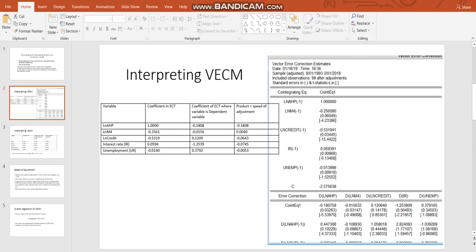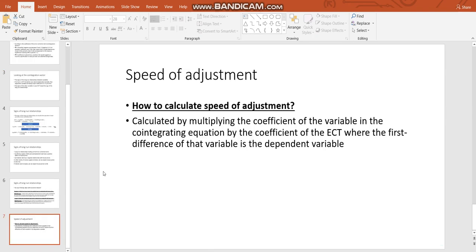In case you didn't see the previous video, I ended on this slide which tells you how to calculate the speed of adjustment. It's calculated by multiplying the coefficient of the variable in the co-integration equation by the coefficient of the error correction term, where the first difference of that variable is the dependent variable.